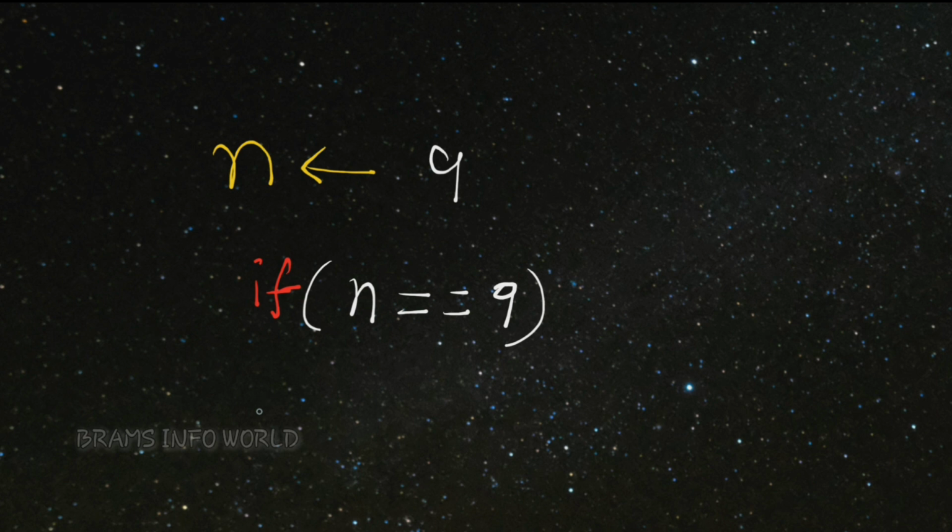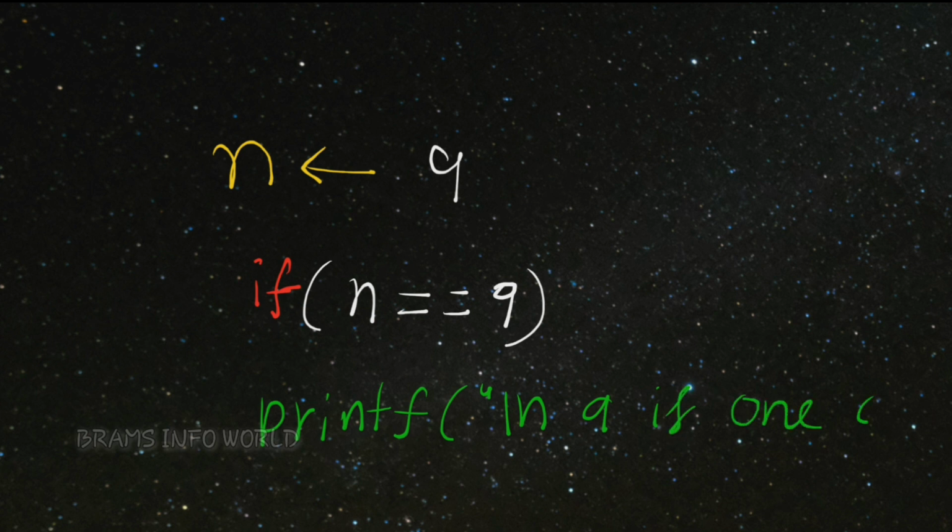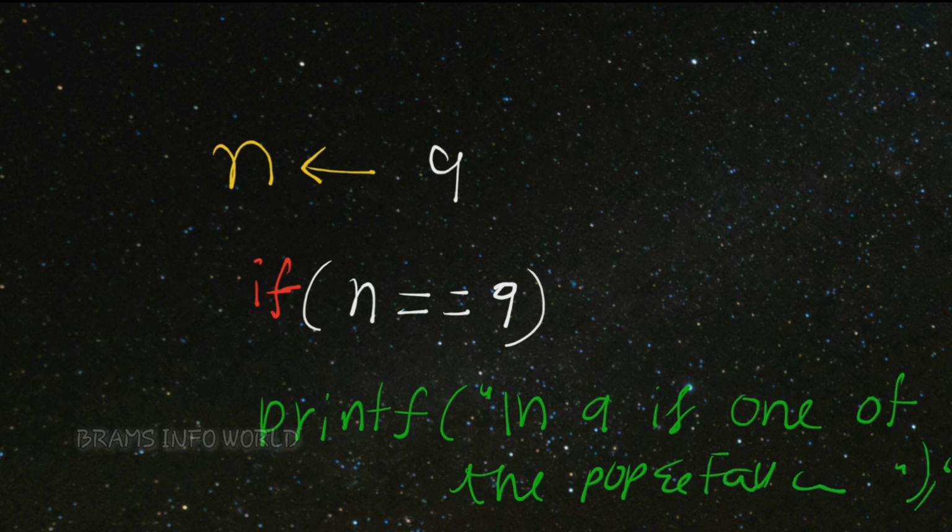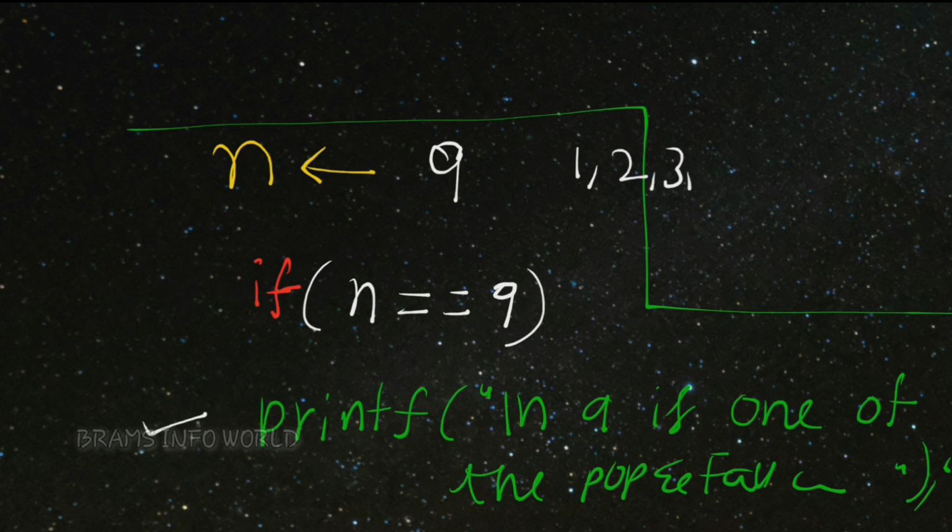So I am writing printf 9 is one of the popular and favorite numbers for most of the people. When the n value is 9, only then will this statement be executed. If the n value is 1, 2, 3 or any number other than 9, then this statement is not executed. This is the basic example of simple if.